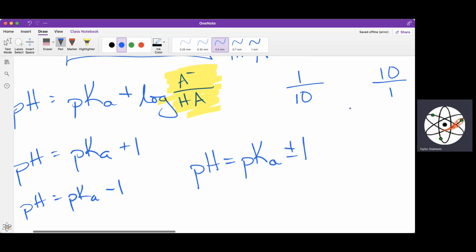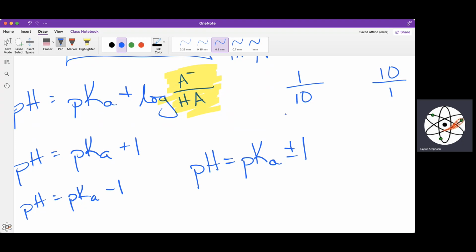The reason we pick this factor of 10 is that we want the buffer to resist changes in pH when adding either an acid or a base. So we have this general rule: as long as we are within this range, the buffer should function.